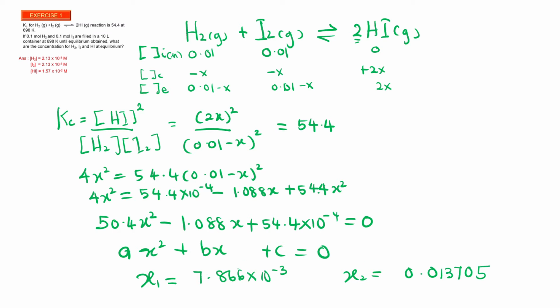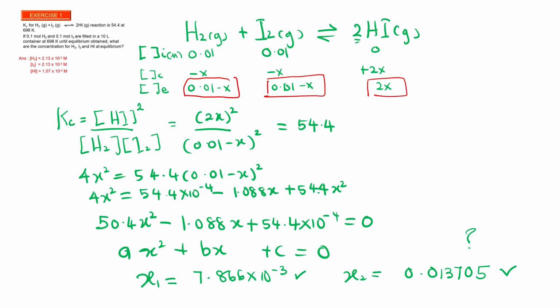So which one do we want to take, x1 or x2? Which one is to be chosen? The way is easy. We need to substitute this value into this equation, substituting one of the x values into the equilibrium concentrations.